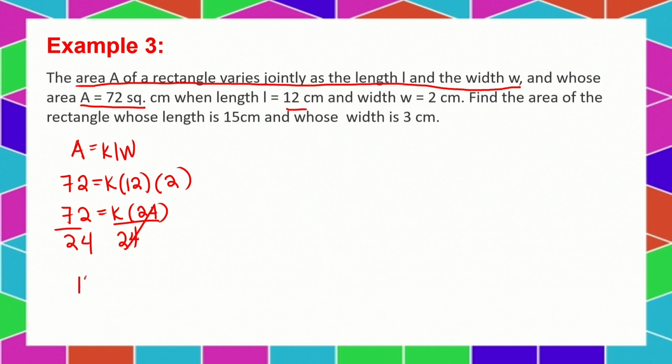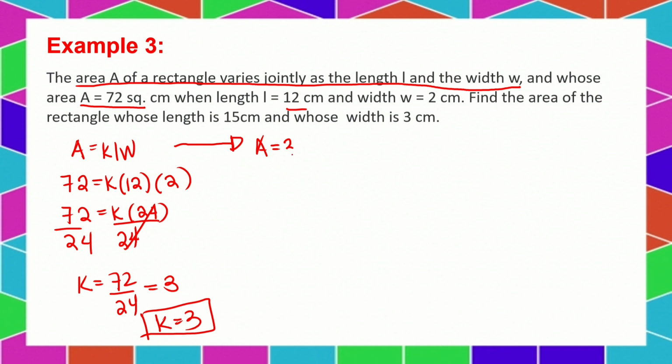So K now is equal to 72 all over 24. When you divide 72 all over 24, the answer is 3. So our K is equal to 3. Then we now have the equation of variation from A is equal to KLW. That's A is equal to 3LW. So we can now solve for the area given the following condition.